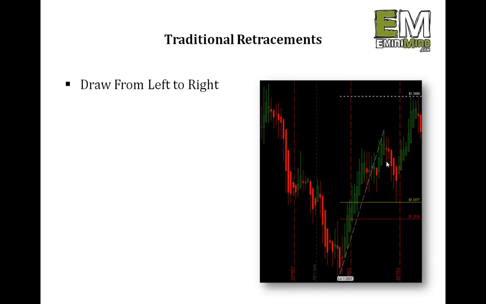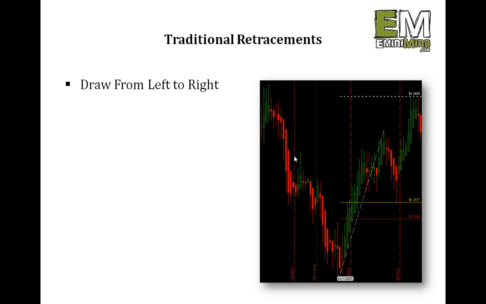So, drawing a typical traditional retracement, you simply want to start from left and pull to the right. So whether the trend is up, down, sideways, you always want to start on the left-hand side of the screen. So in this case, if we started all the way to the left, we'd be drawing from highs to a low.